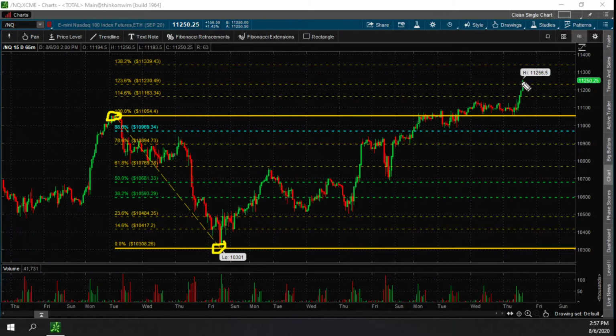And as you see up here, this would have been your 123.8 target, which it touched today. If you would have got long, you had to go long above the 100%, which is this area here. And when it finally broke out, it went up to the upside. This is how you get these numbers here.